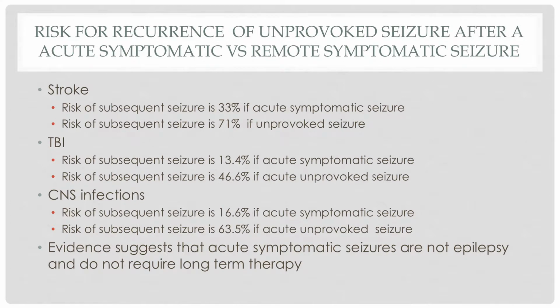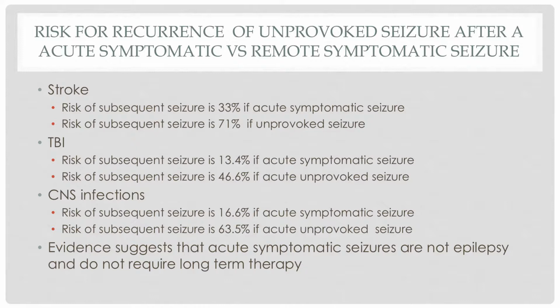This looks at people who presented with acute stroke and have seizure, acute TBI with seizure, and acute CNS infection with seizure. They look at them and compare them with people who have remote unprovoked seizures.